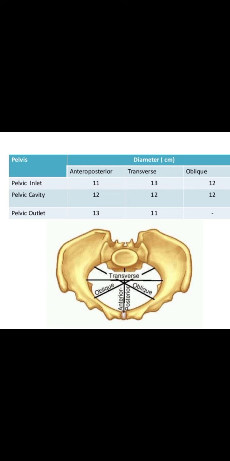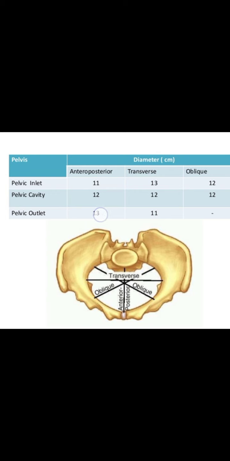We will see the diameters of the outlet now. In the outlet, the anterior posterior diameter is the largest one, which is 13 centimeters. It extends from the lower border of the symphysis pubis to the tip of the coccyx.